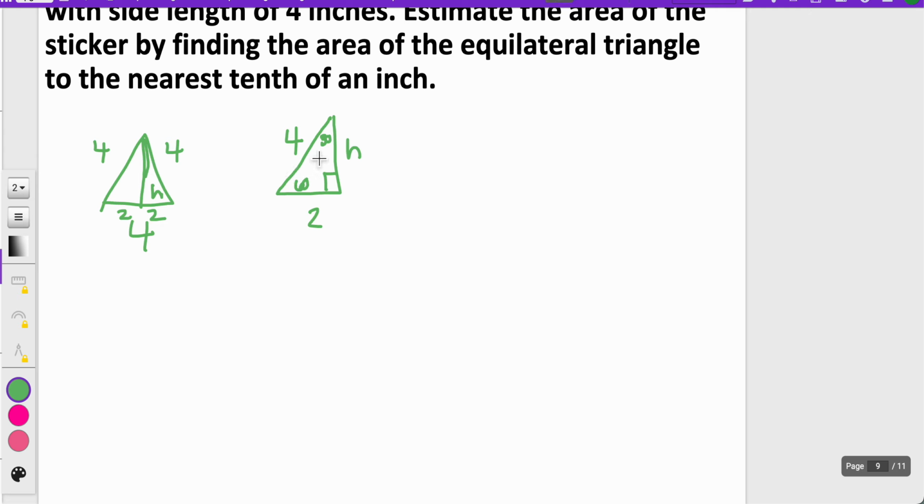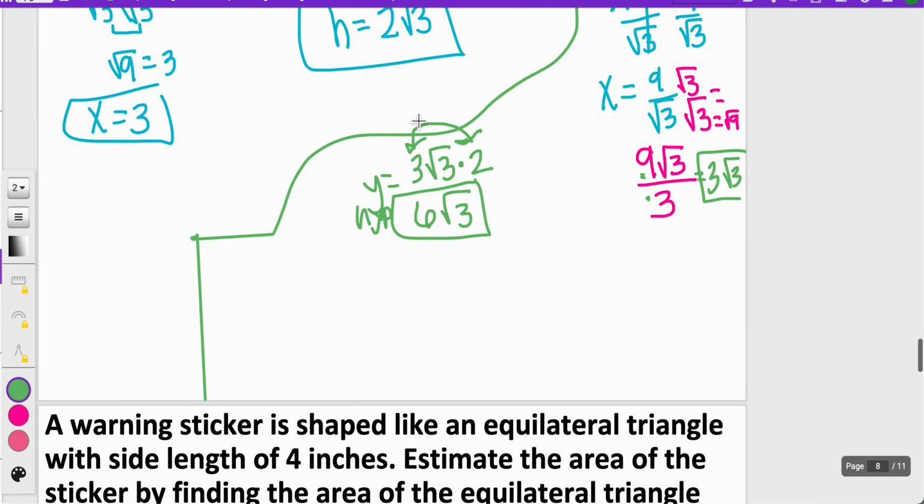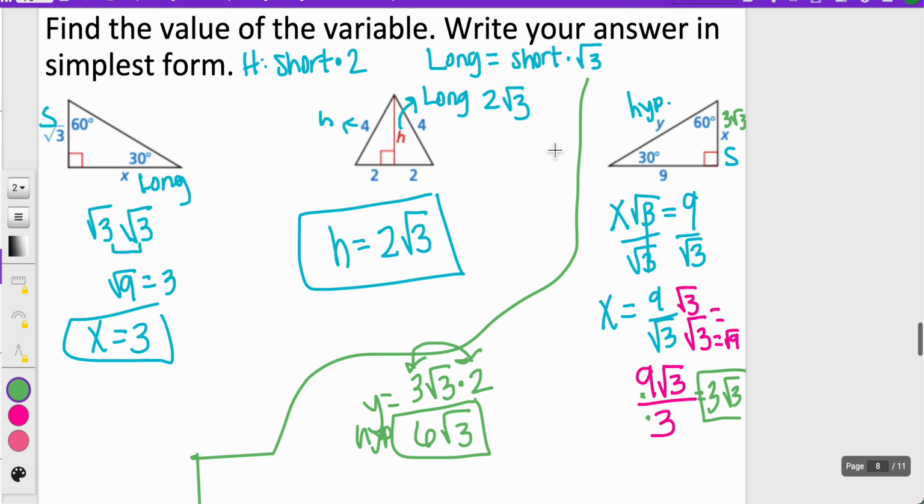If this was all equilateral, then all would be 60, but since we're splitting this big angle here into 2, that's going to be 30 degrees, so we're going to use that 30-60-90 triangle theorem, and according to that, my hypotenuse is short times 2, and then my long leg is going to be short times square root 3.